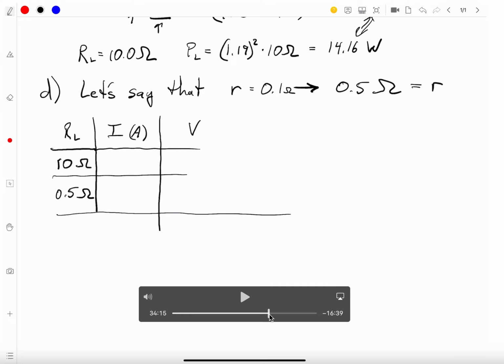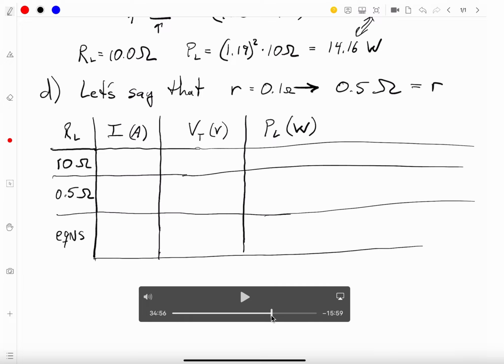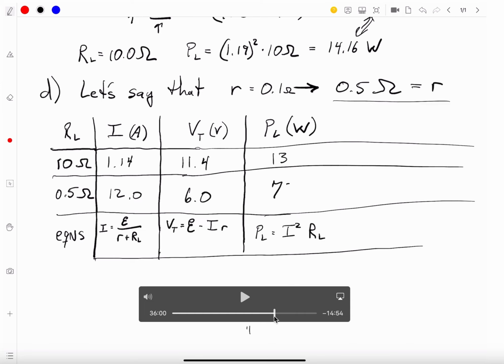So with our new internal resistance, we want to do all the same things that we did before, only now I'm going to put the two different loads, 10 ohms and 0.5 ohms.